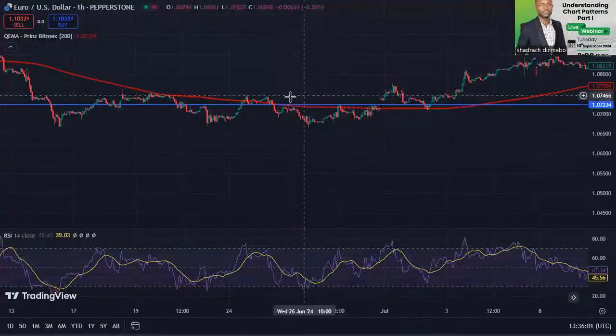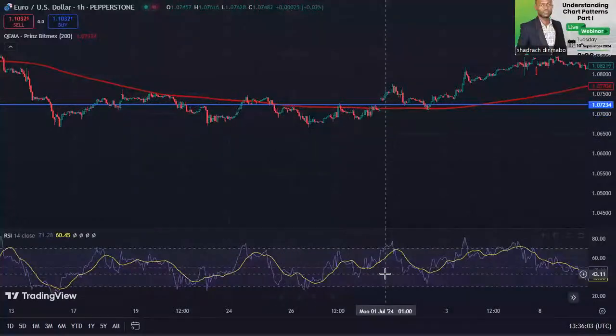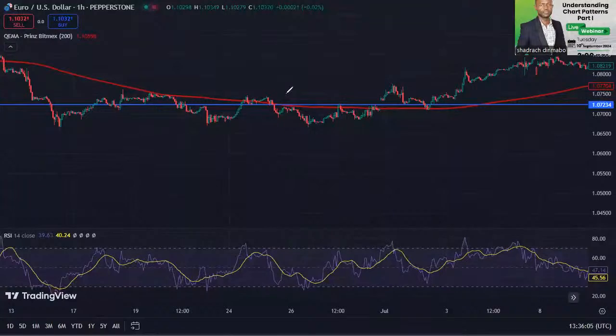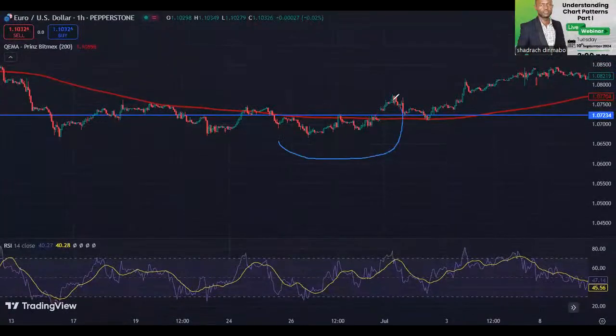I'm just talking about this segment here. If you watch this particular segment, you can see that this market seems to have a horizontal resistance here, alongside the 200 moving average.